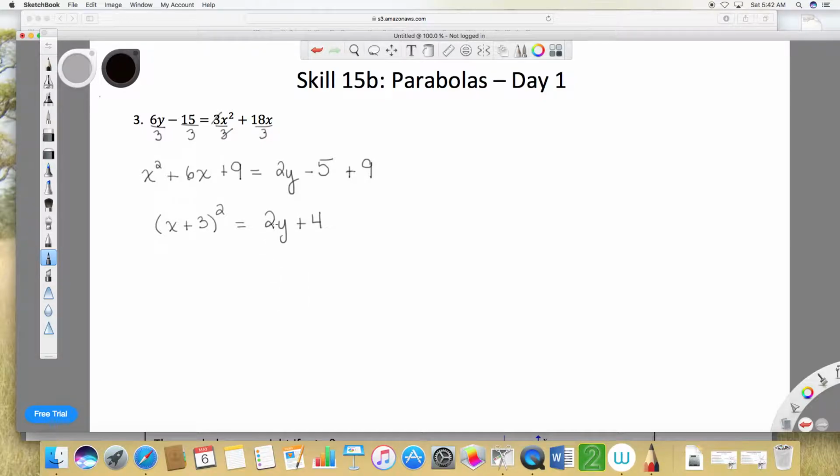I want to have a coefficient of 1 in front of the y, so I'm going to factor out that 2. And so now I have my equation in standard form for a parabola. So I can identify the vertex.